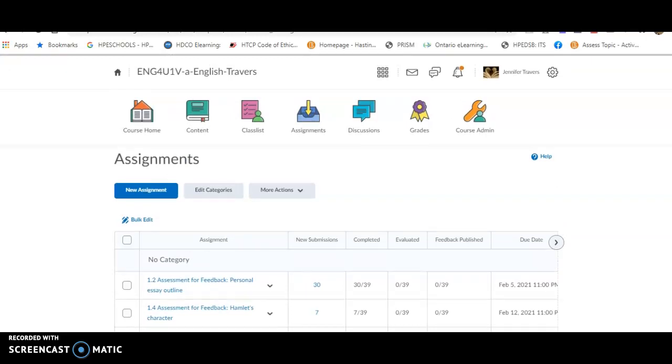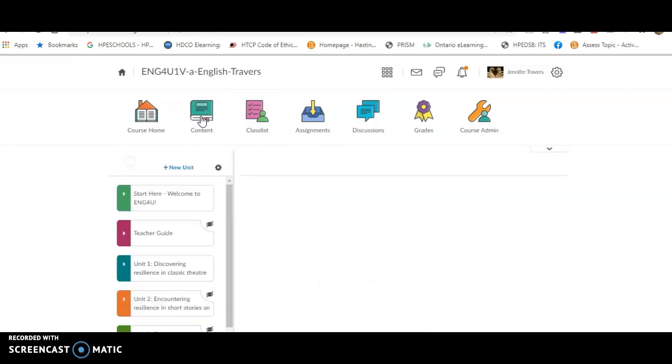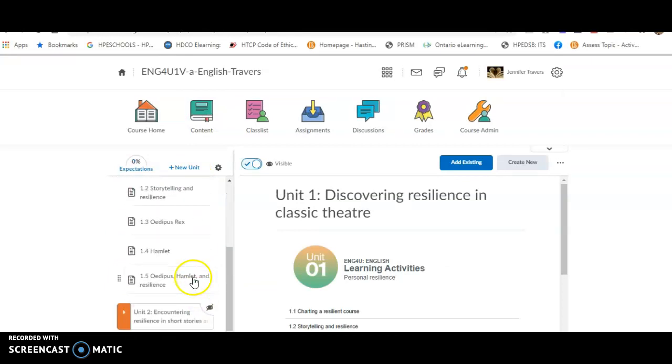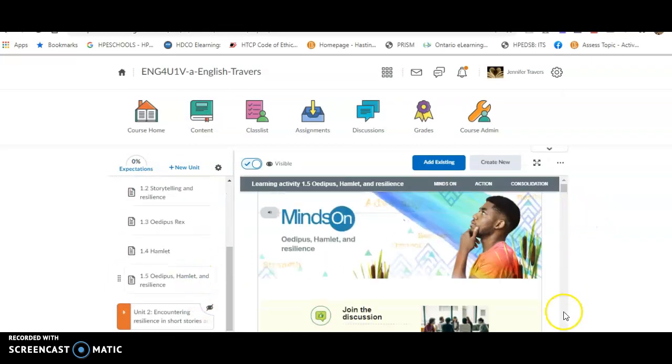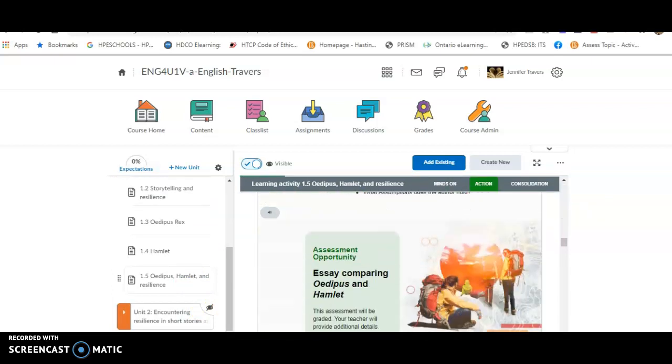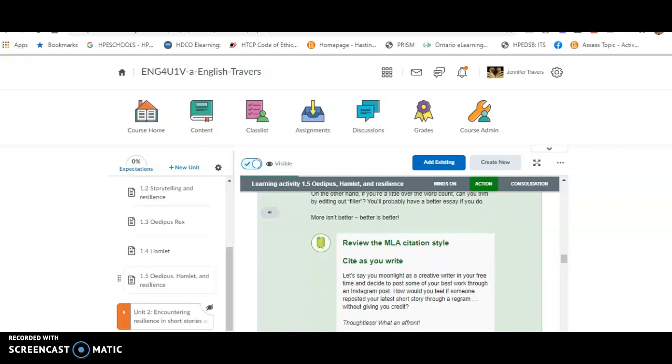It is such a valuable tool with online learning. I also wanted to point out that in that content, there was a great deal of information, and I even made a video about how to access MLA citation. Just scrolling down right here, MLA citation is such an important part.